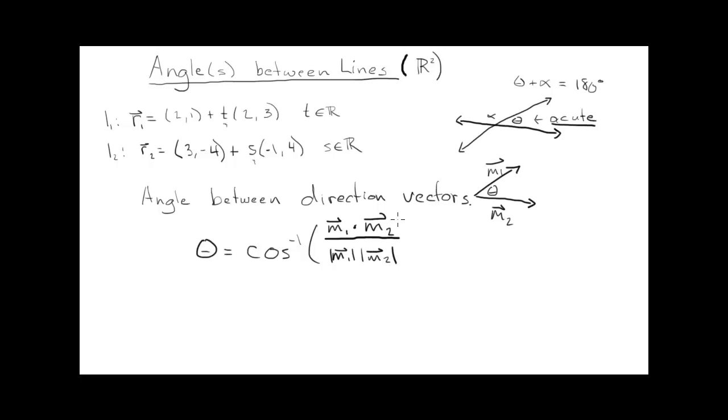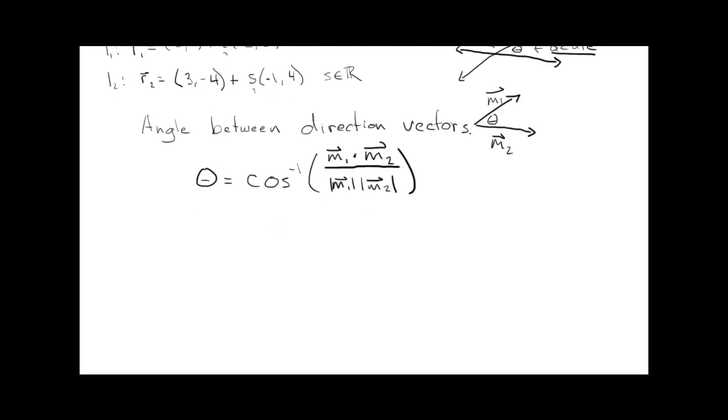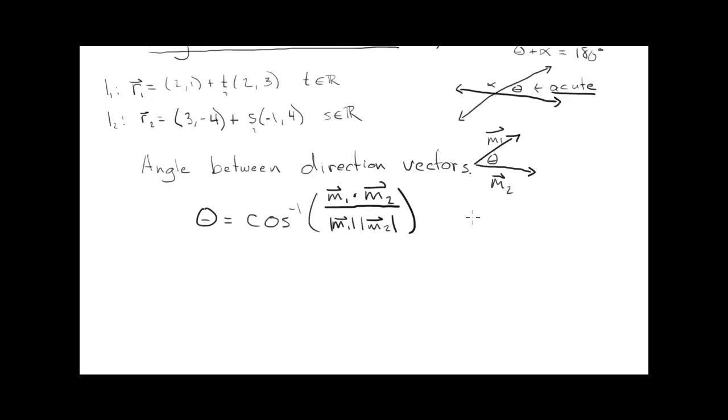So for this example, M1 dot M2 was (2, 3) dot (-1, 4). So that's equal to -2 plus 12, equal to 10. So that's the dot product. We'll calculate the magnitude of the first one.